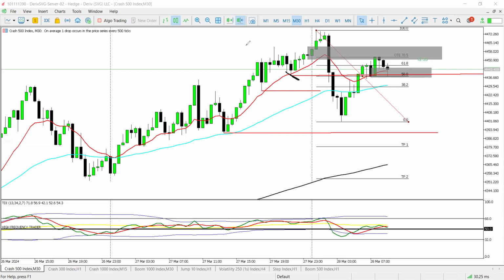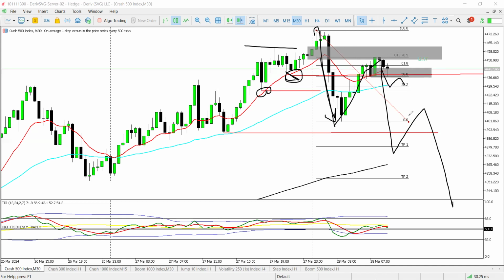Price continued to extend the high. Then they gave an impulsive move which broke a few minor structures here, so we ran the fib on that impulsive move in anticipation of a downtrend. If that plays out, that will be my setup today for C500.